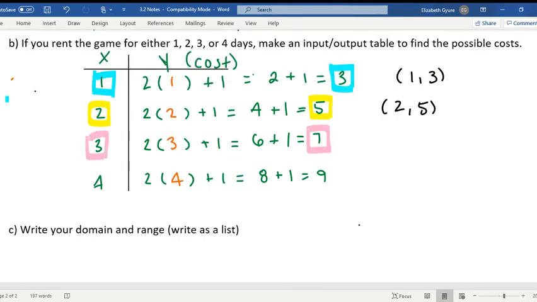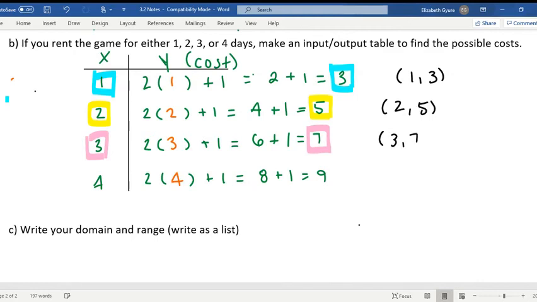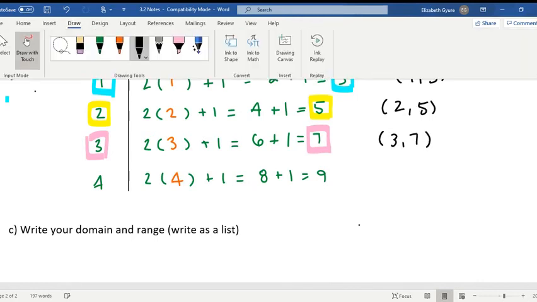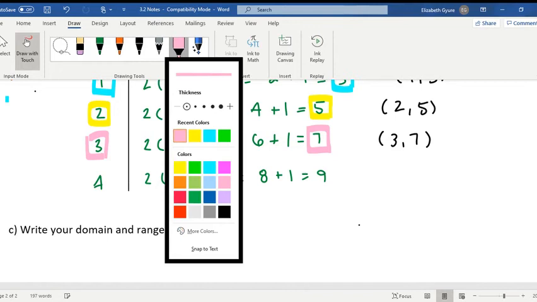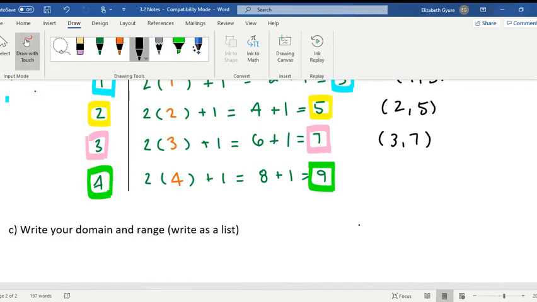How would I write that as a coordinate point? 3, 7. And then the last one was 4 with 9. How would you write that as a coordinate point? 4, 9.